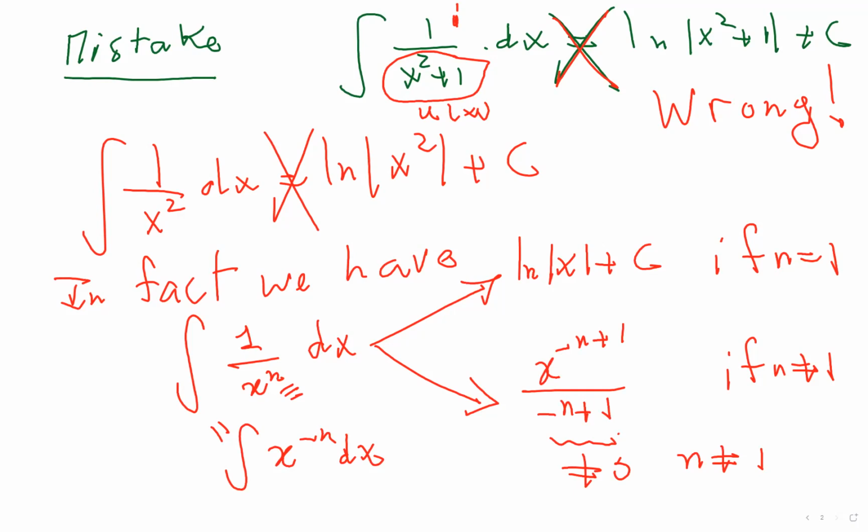So I wanted to emphasize this common mistake, just for your background, to not make this mistake again. And in general, roughly speaking, if we think about when we get the logarithm, we should have something like the degree of the denominator, and in the numerator the degree minus 1.